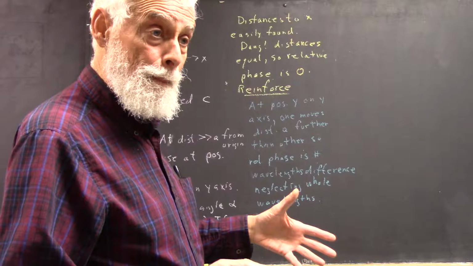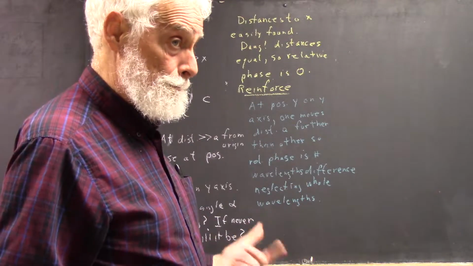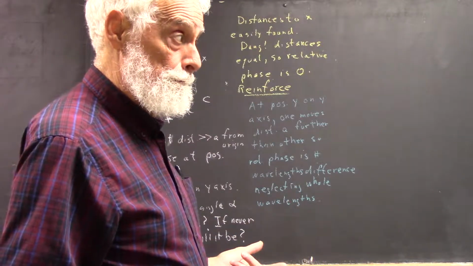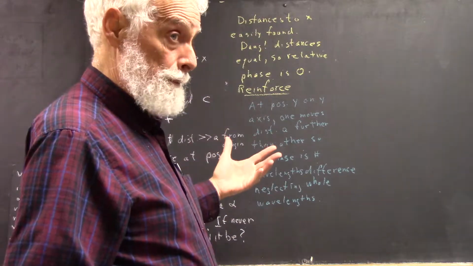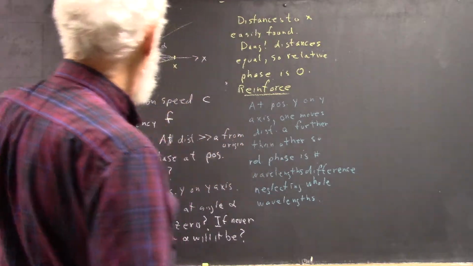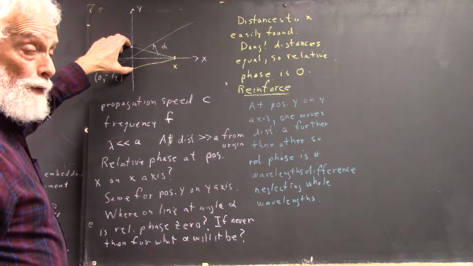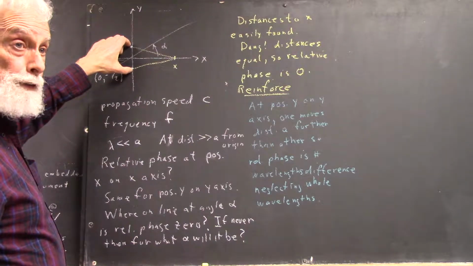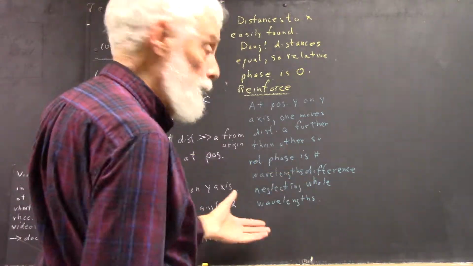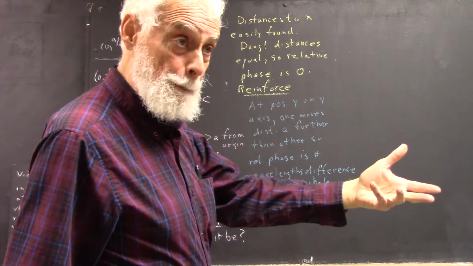So does that mean that the y-axis is zero then also? The Y could be anything. Okay? If the difference here is a whole number of wavelengths, right, then there'll be the relative phase zero, but you know, Y could be any number. So it could be anything, right?